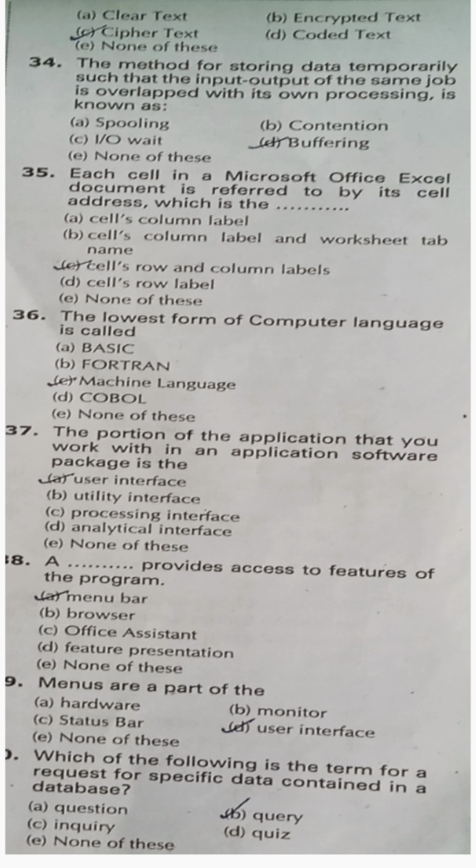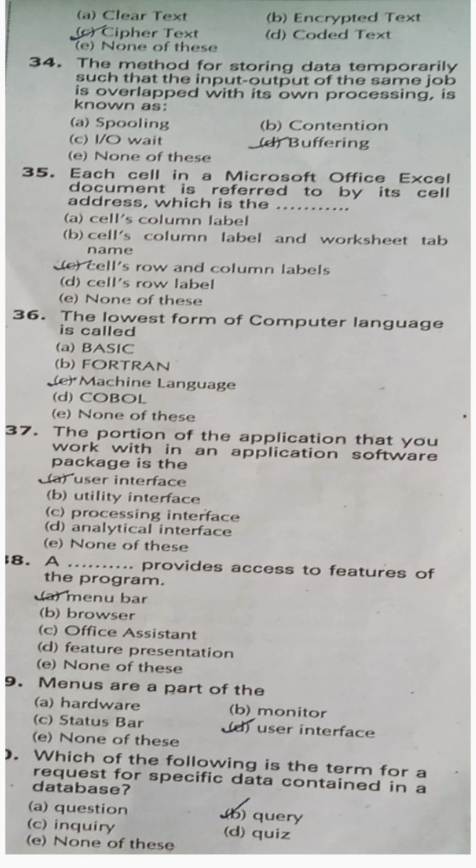36. The lowest form of computer language is called C. Machine language. 37. The portion of the application that you work with in an application software package is the user interface. 38. A provides access to features of the program.